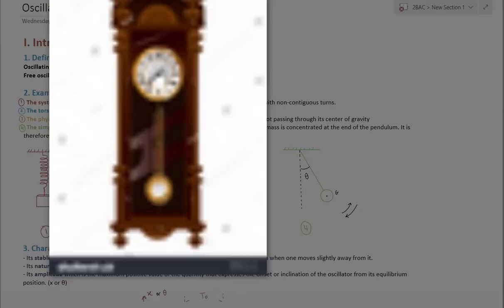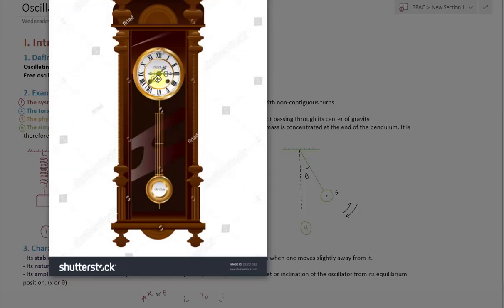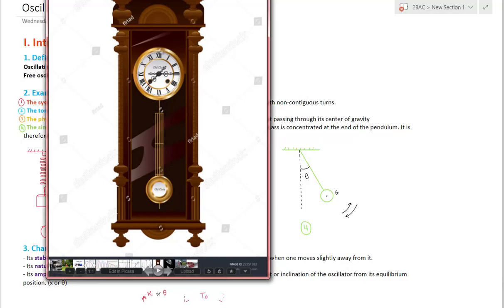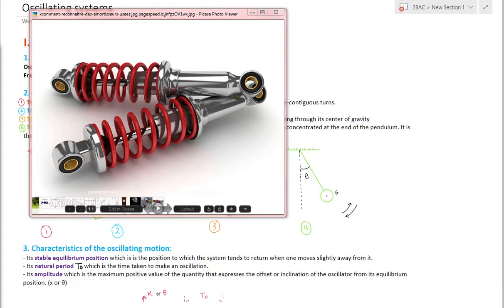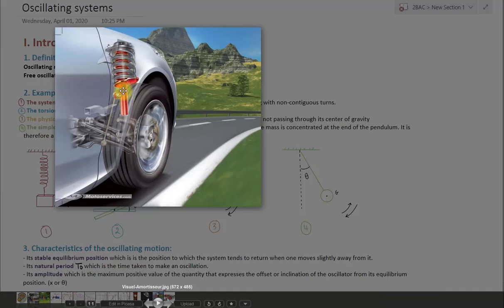We have, for example, the old school clock with the hanging mass here. So this oscillation is used to measure time. We have also shock absorbers, which are also oscillators used as shock absorbing devices in cars and all sorts of vehicles.